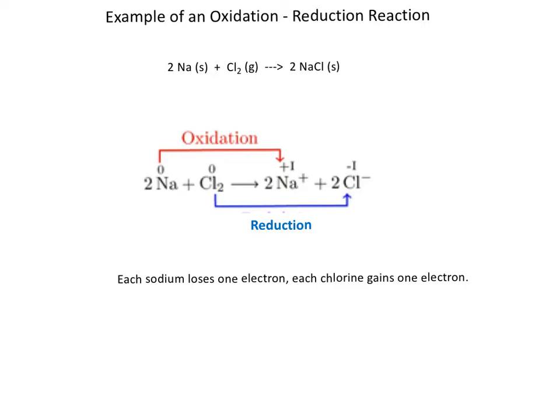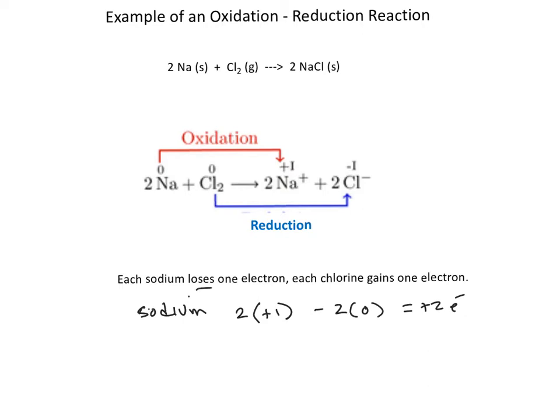So we could do something like this. If you want to look at sodium, you could look at products minus reactants. So you could say 2 times each sodium, which is +1 as the product, minus 2 times 0, the oxidation number of the reactant, and you get plus 2 electrons, and if it's positive, that means it's lost.